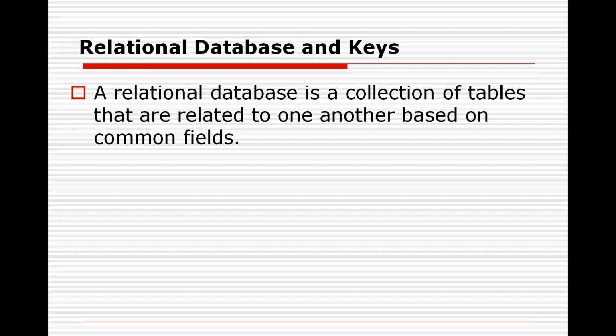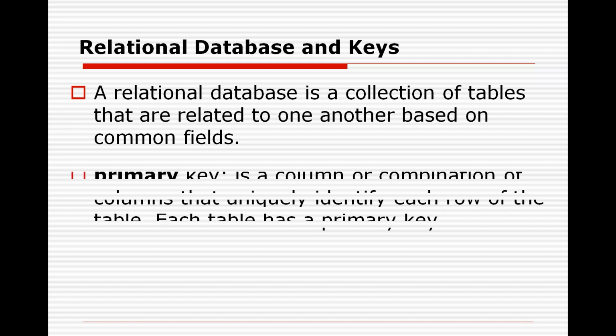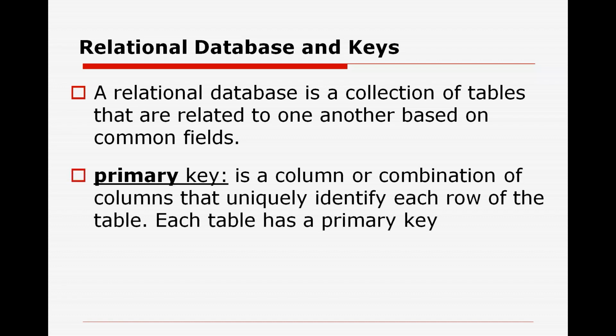Under this common field, we can discuss keys. First one, primary key is a column or combination of columns that uniquely identify each row of the table. Each table has a primary key because you have to identify each row of the table.